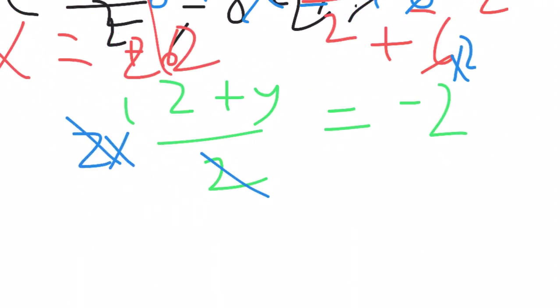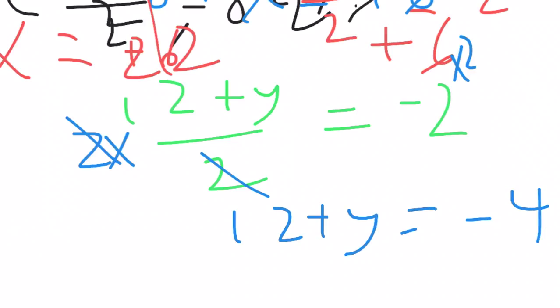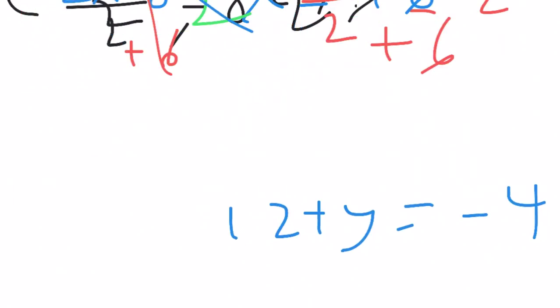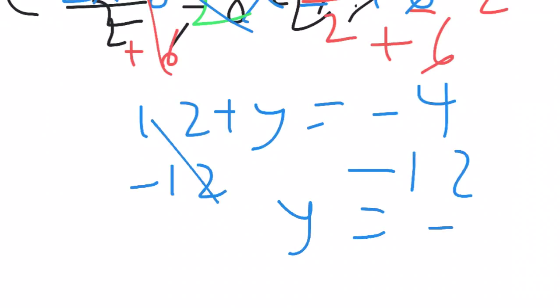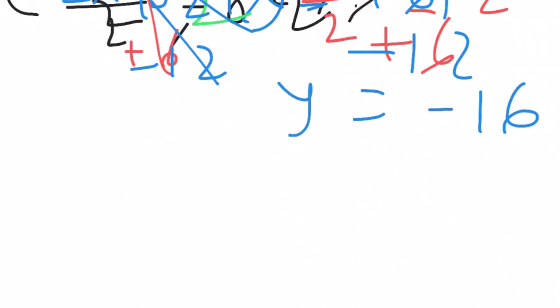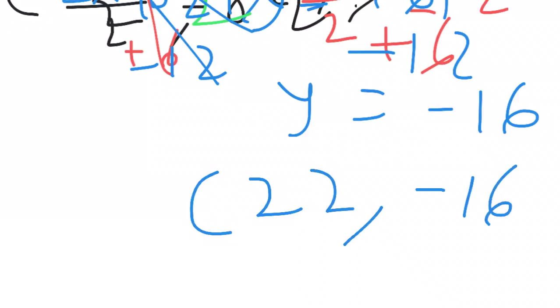So you end up with 12 plus y equals -2 times 2, which would be -4. And to cancel out the positive 12, you would subtract 12. So y is equal to negative 4 minus 12, which is negative 16. So the other endpoint would be positive 22 for the x, negative 16 for the y.